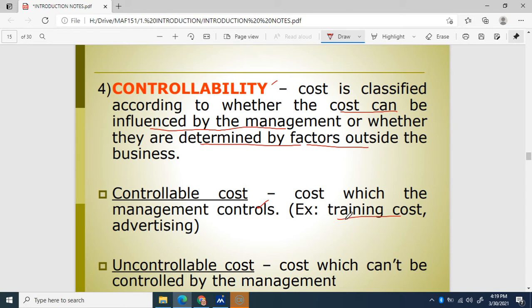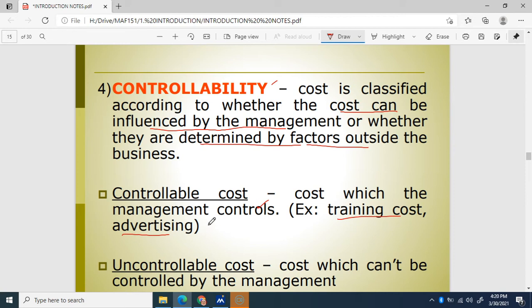For example, training costs can be controlled by the human resource manager. He can control how many trainings to give to the employees for the period, how many hours of training. Advertising can be controlled by the sales manager.